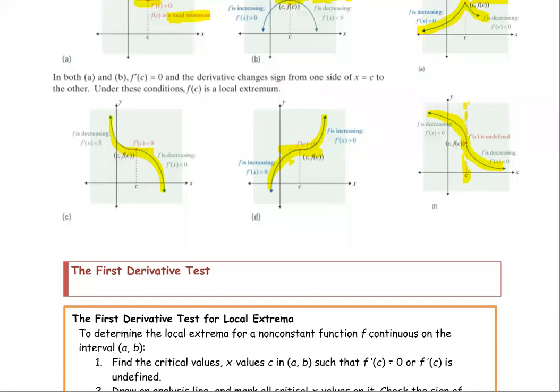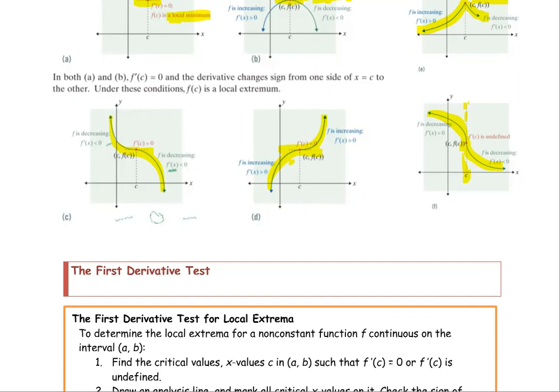So for the last three graphs here, there are no local max or local min, because the sign of the derivative doesn't change from one side to the other, on the left and on the right of the point where the derivative is 0. As in the first graph here, the derivative is negative, then 0, and then back to negative again. So the sign doesn't change.